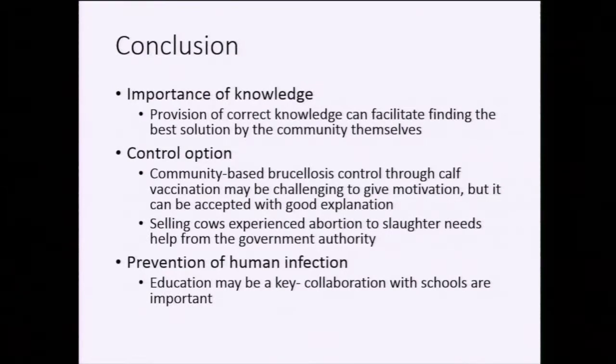But once it is accepted, then I think we have a high chance of success. And selling cows that experienced abortion to slaughterhouses needs help from the government authority. And for prevention of human infection, education may be a key.